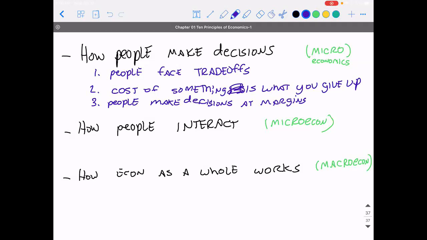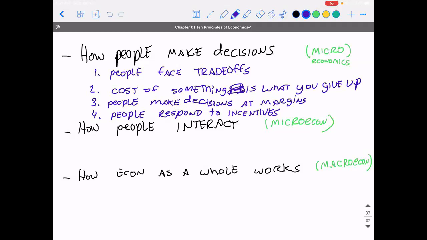The marginal cost being the cost to doing something one more time. And finally, in this part, that people do respond to incentives. Meaning if you encourage them to do something, they will act that way.